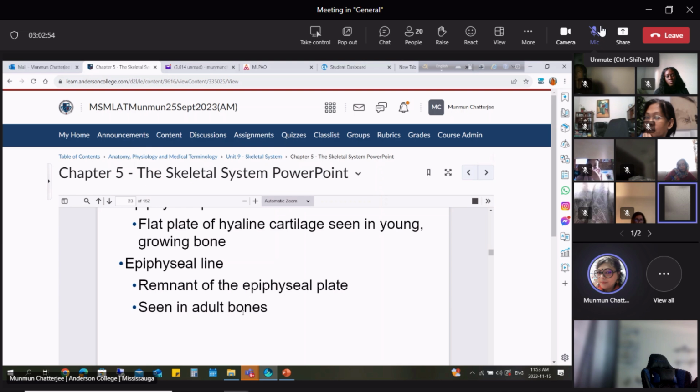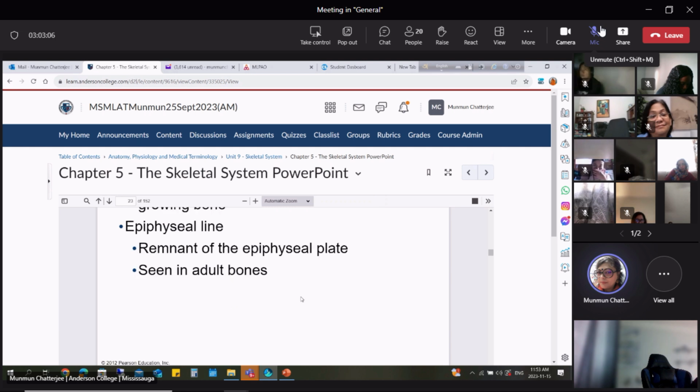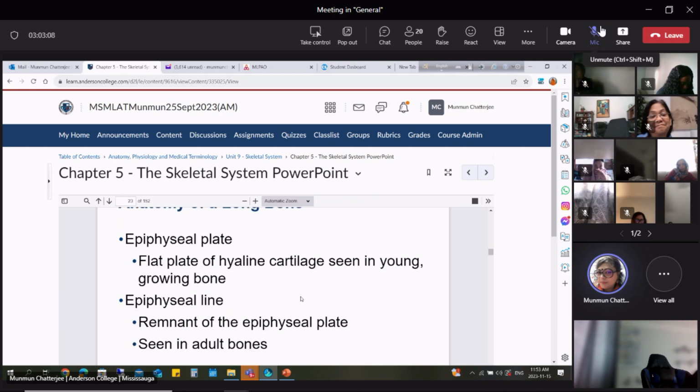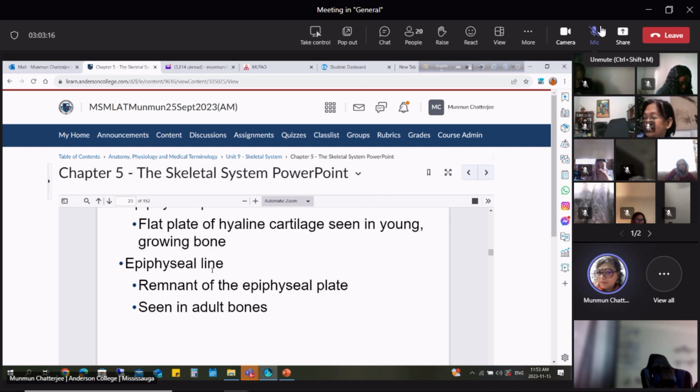False. Okay. The epiphyseal line can be seen in the adult. They can give you the options: young, child, kid, newborn, young and then adult. Then the epiphyseal line is only in the adult.